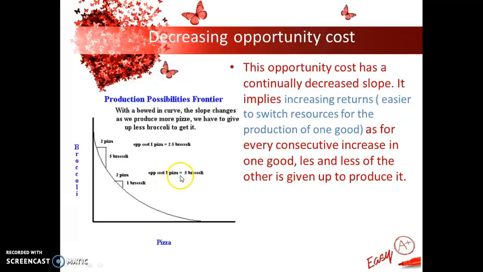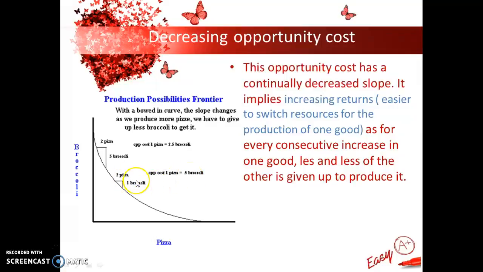And the opportunity cost to produce 1 pizza was 5 broccoli earlier. So now we're seeing that the opportunity cost keeps decreasing. So it decreases from 5 to 1.